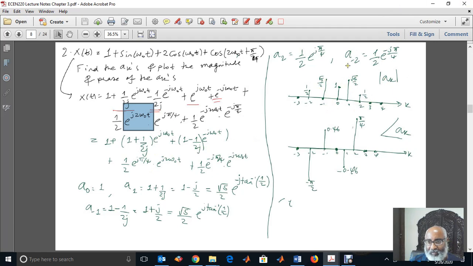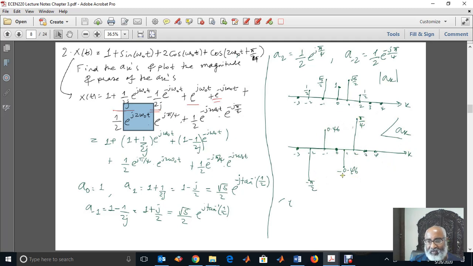If you see this, it's symmetric about 0. Actually, the magnitude is an even function. And the phase is this one: pi over 4 at k equals 2, and at 1, minus 0.46. Note that you can plot the phase angle in terms of degrees or in terms of radians.